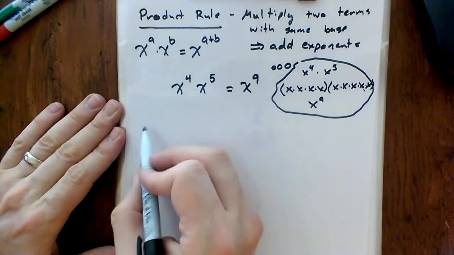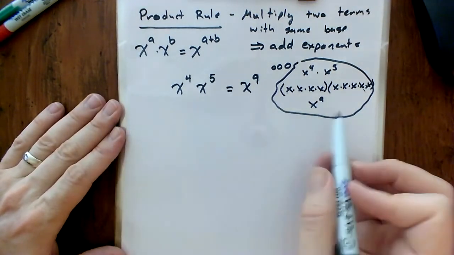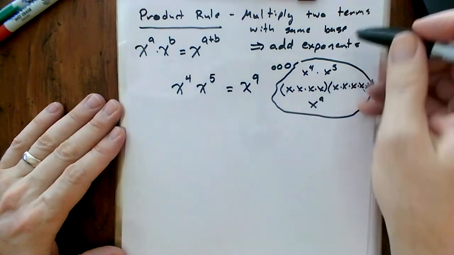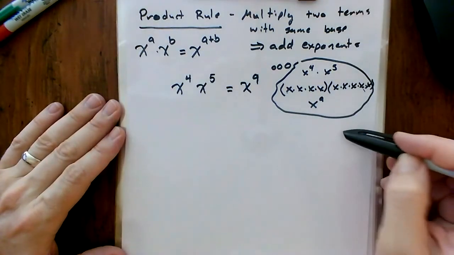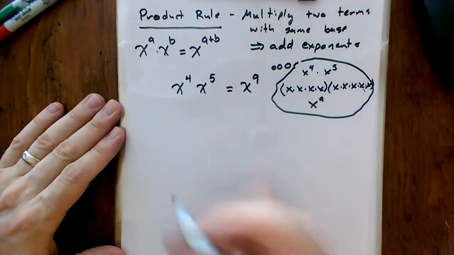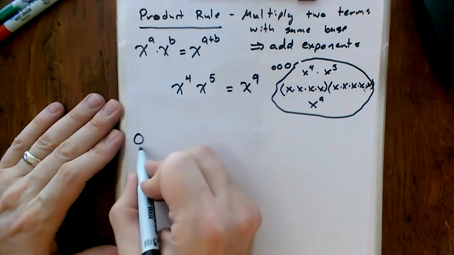And we can do a lot with that. But now let's move on to our next basic rule, and this is, of course, our quotient rule.